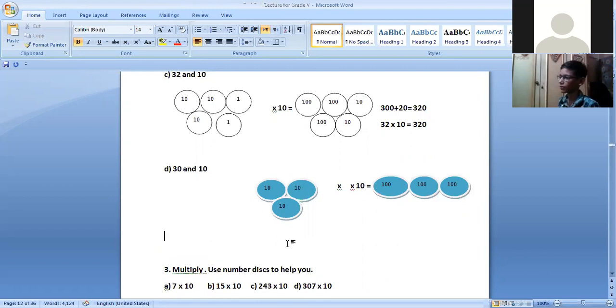Then when you multiply 30 by 10, the answer becomes 30 tens are 300. Right? Right, student? In the same way, I am giving you a worksheet. अब हम worksheet solve करेंगे.